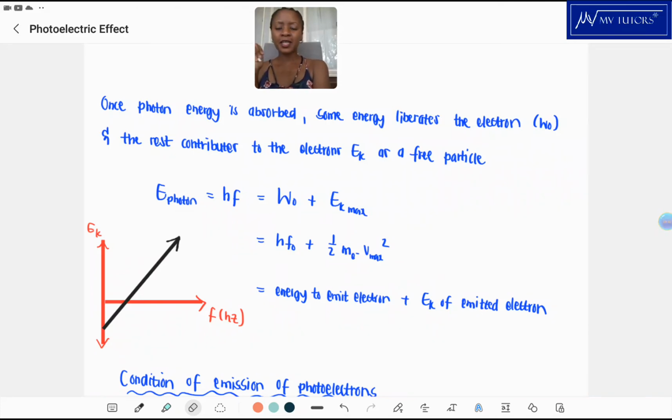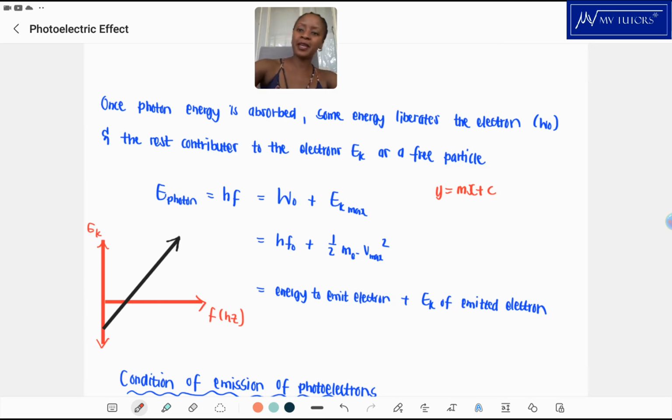So if you look at this equation where the energy of a photon is equal to the work function plus the maximum kinetic energy, I drew a graph on the right here. It has that straight line form, y equals mx plus c. How could we relate that?